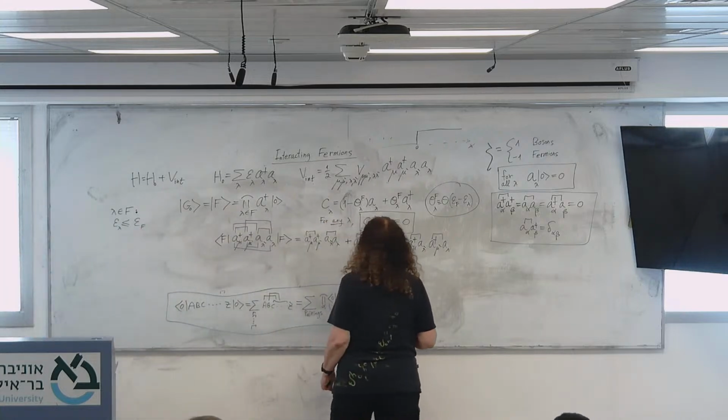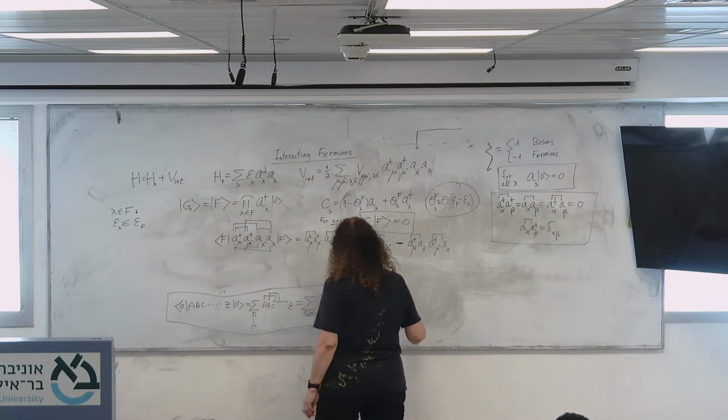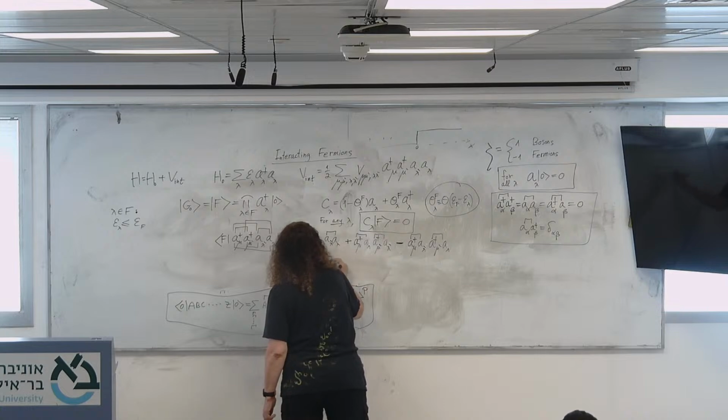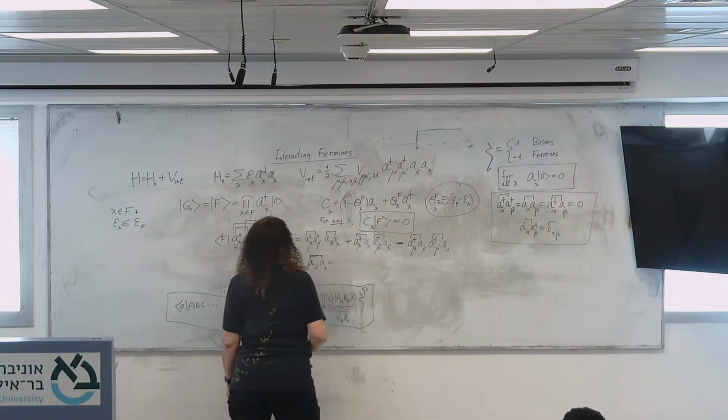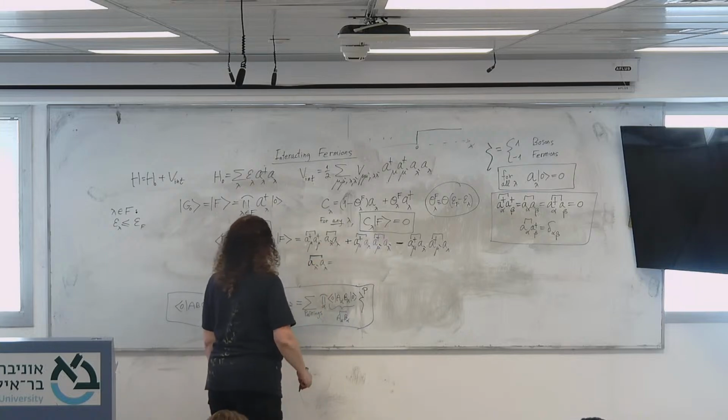So if I'm looking at the contractor of a lambda prime, a lambda, two annihilation, what is it in terms of the C's?